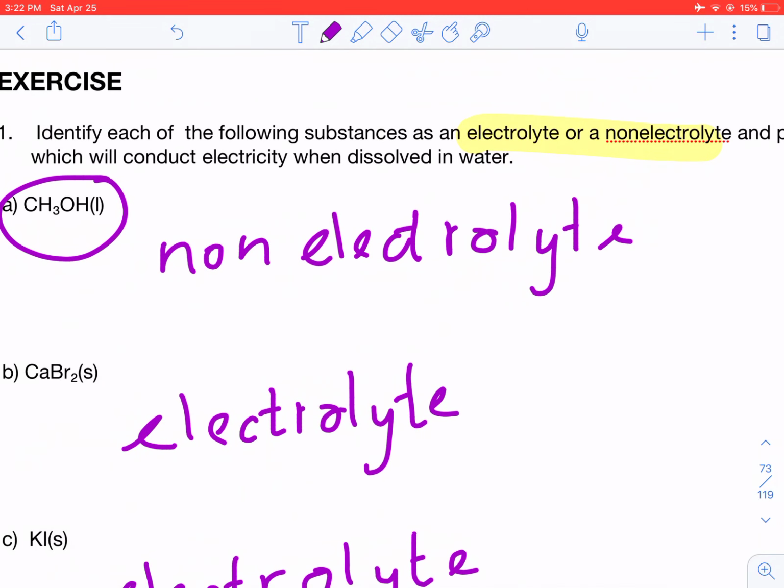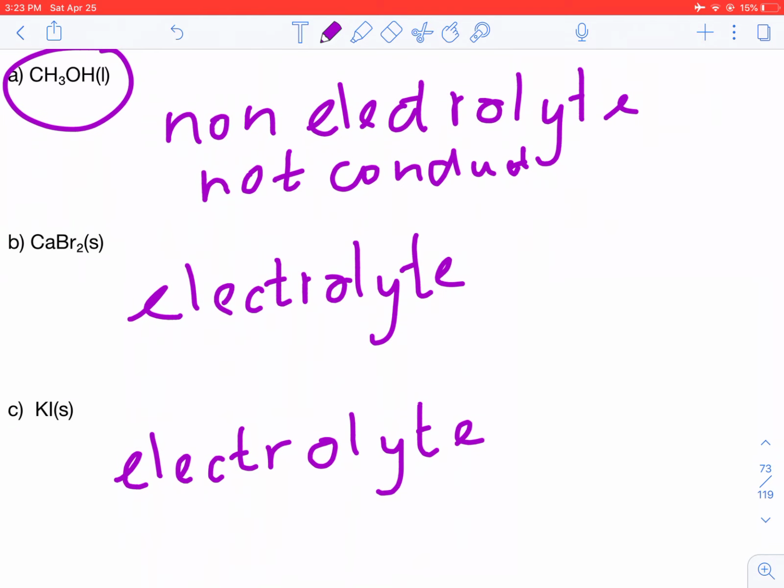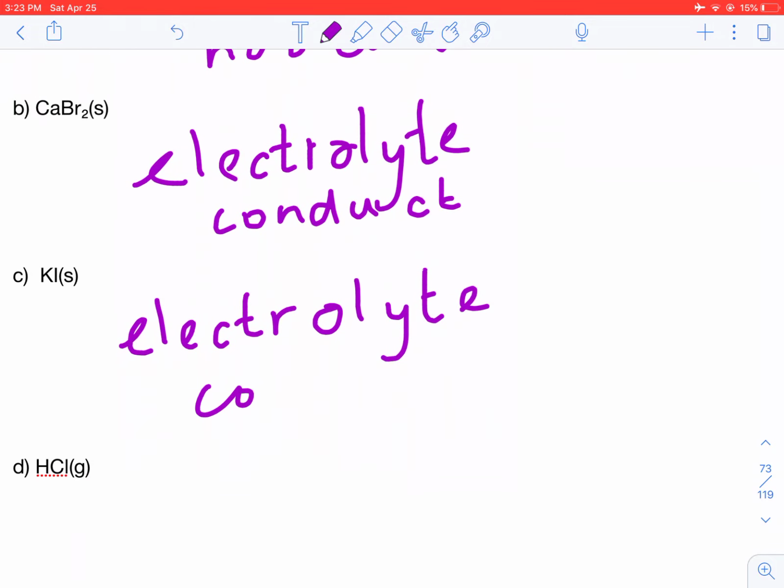And predict which will conduct when dissolved. So non-electrolyte, this will not conduct. That won't conduct. Thus, we're predicting it will conduct. It's an ionic substance. Thus, we're predicting it will conduct.